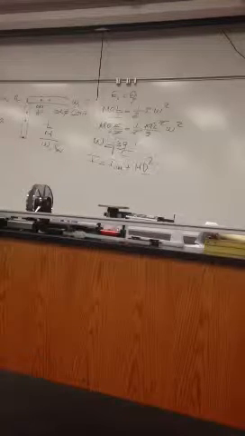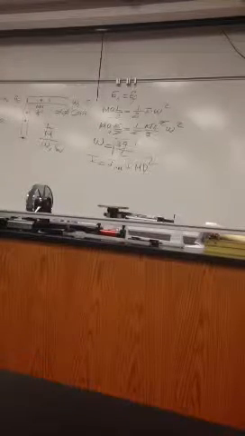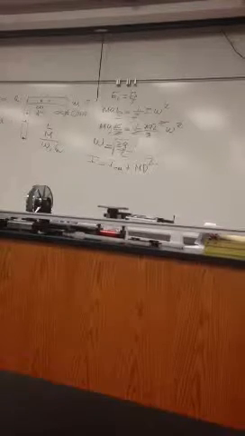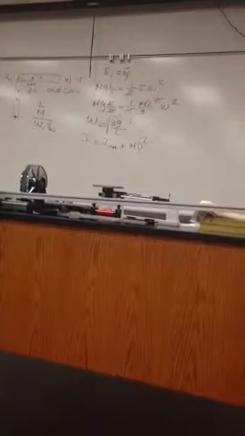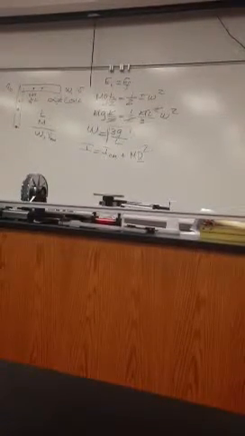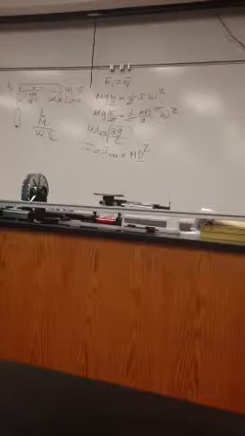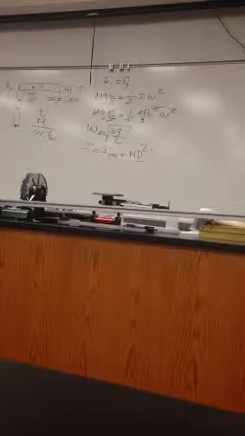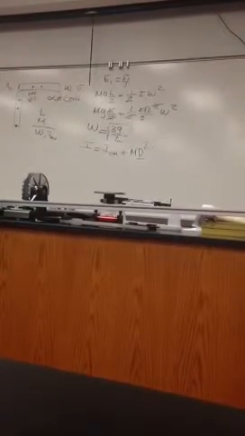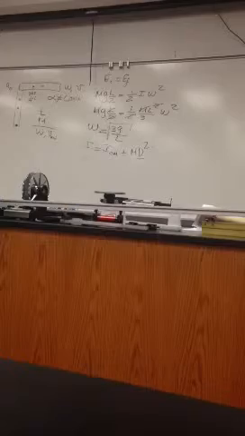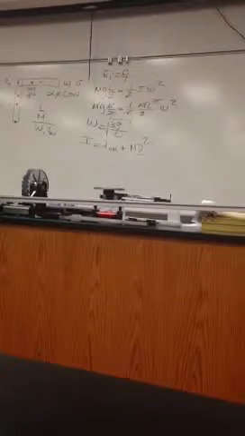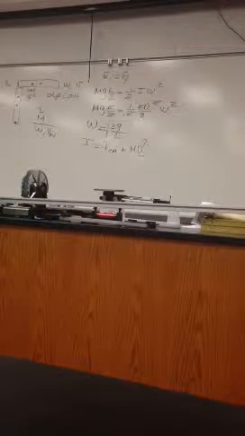So, okay, question 12. I will go back to question 11. But question 12: a uniform rod, mass 1.5 kilograms and 2 meters long. The rod is pivoted about a horizontal frictionless pin through the end. The rod is released from rest in a horizontal position. And the question is, what is the angular speed of the rod when the rod makes an angle of 30 degrees with the horizontal?